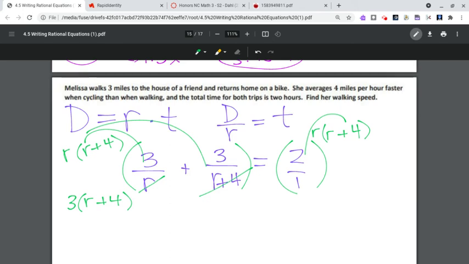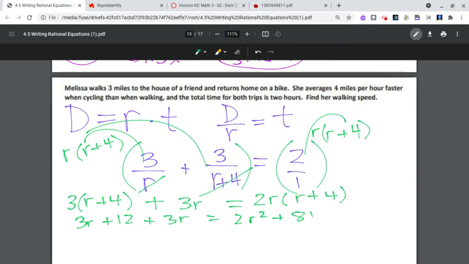Second term in the binomial, the r plus 4 will go away. You're left with 3r. Equals, nothing will go away because it's 2 over 1. So 2r parentheses r plus 4. Distribute 3r plus 12 plus 3r equals 2r squared plus 8r. Combine like terms, 6r plus 12 equals 2r squared plus 8r.